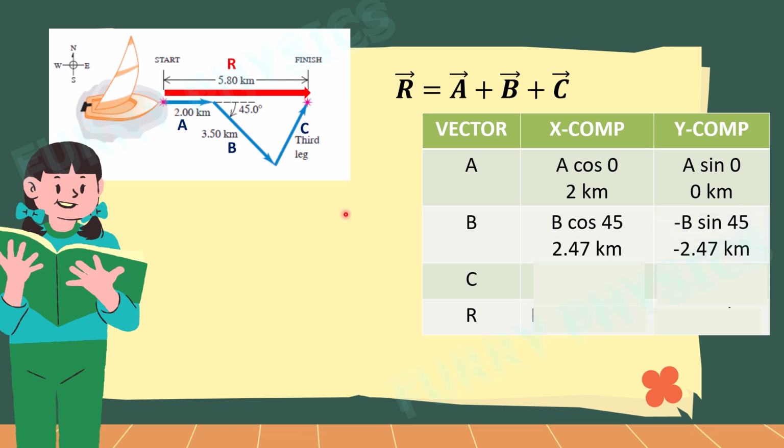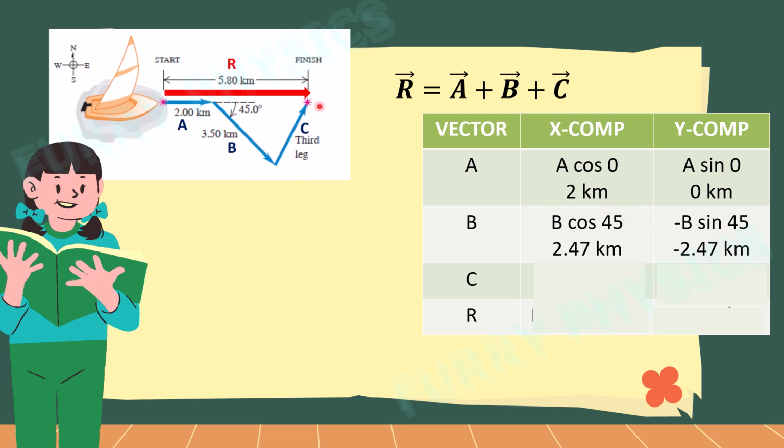Similarly, the y component is B sine 45, but since the vector is in the fourth quadrant, where the y component is negative, we write it as negative B sine 45 degrees, which is negative 2.47 kilometers.